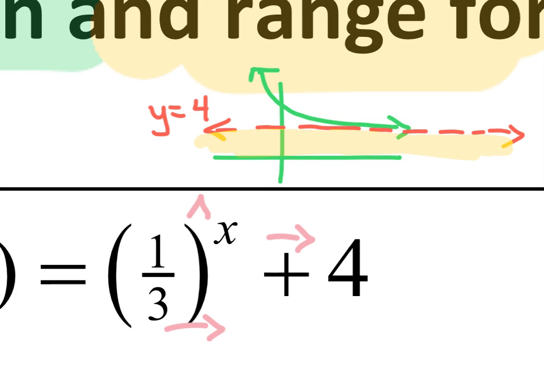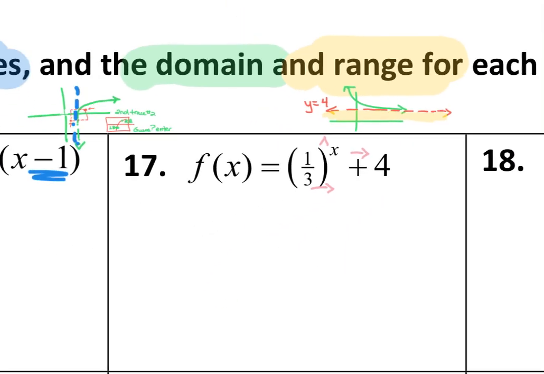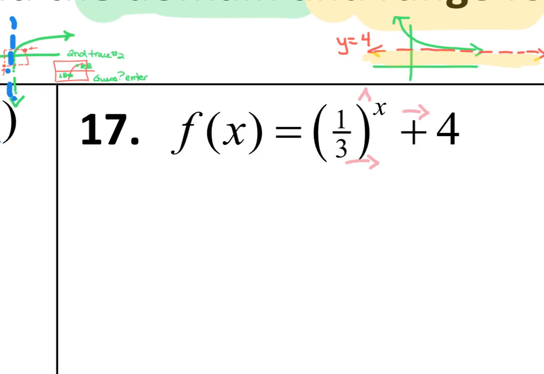The x-intercept, or the 0, would have to be below the asymptote, and therefore there's not going to be an x-intercept. So if it asks you for the zeros and there are no zeros, you have to say none. You have to answer the question.